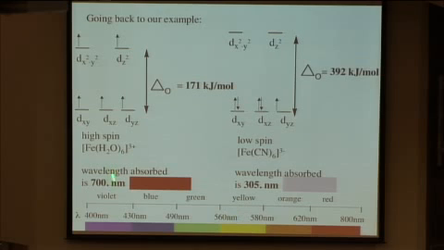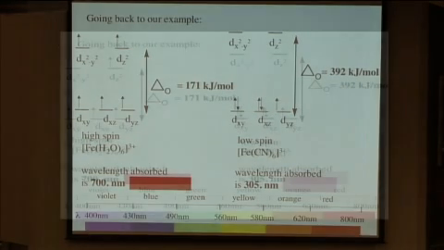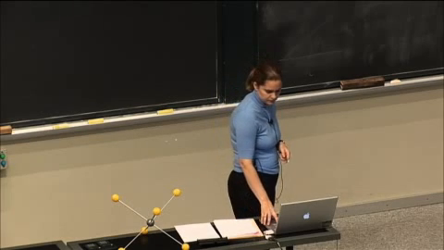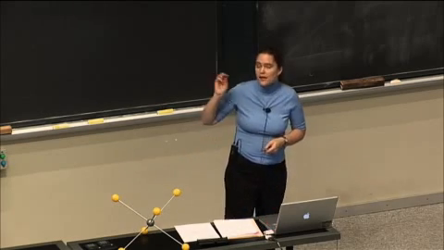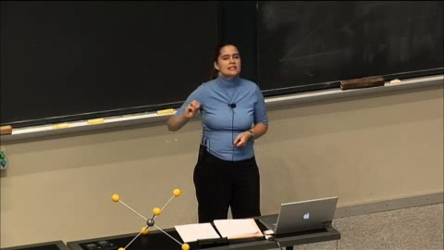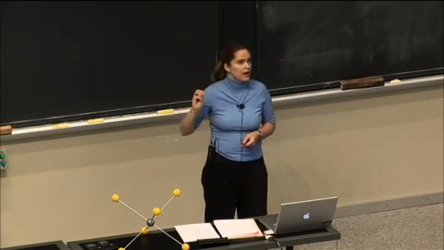And so we're absorbing red light with the water compound, and sort of a purple or violet light is being absorbed in the cyanide complex. And we'll talk in a minute about the light that is being transmitted, which is complementary to the color of the light absorbed. So by knowing something about splitting energies, by knowing something about the types of ligands, then you can know something about colors.